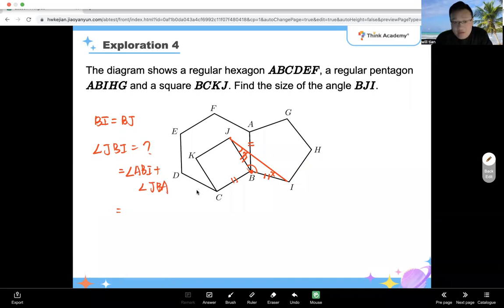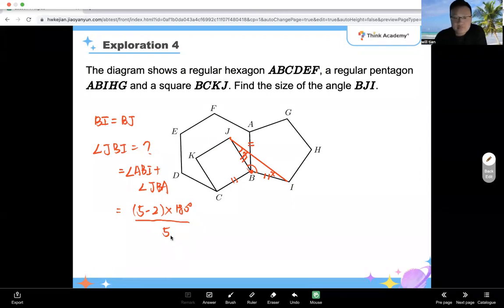So guys, can you tell me, type it to me, what's the size of ABI? Just use the formula. Is that 108? Because it's a pentagon, you do 5 minus 2 in the bracket times 180 and then divide by 5.